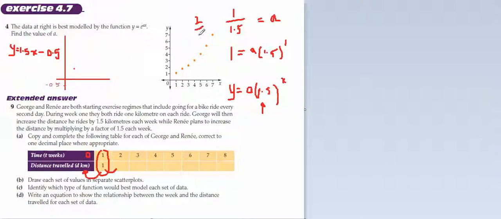So a actually equals 2 on 3. So I'd expect my rule to be, for Renee, y equals 2/3 times 3 on 2 to the power of x.